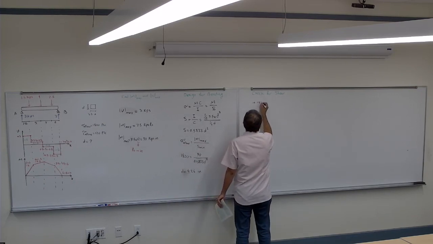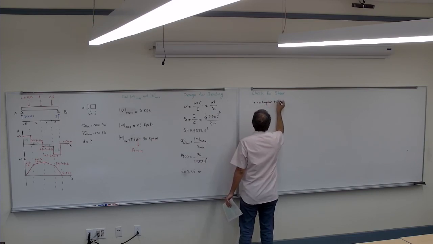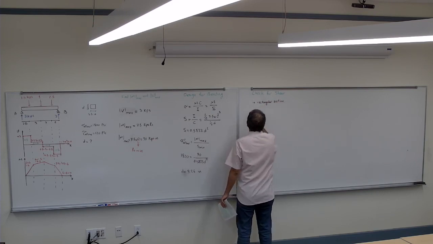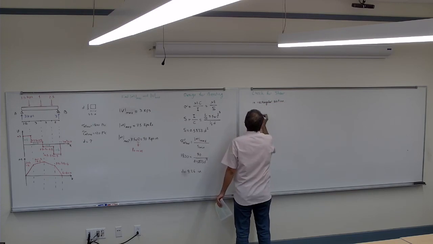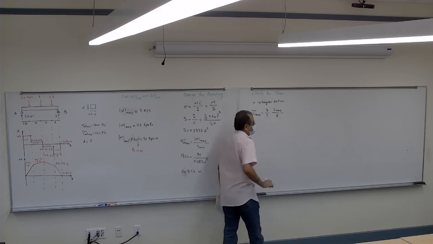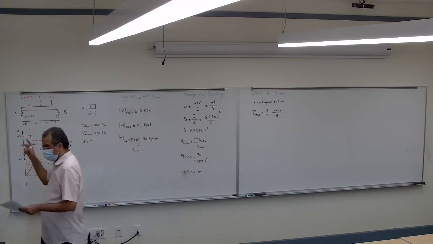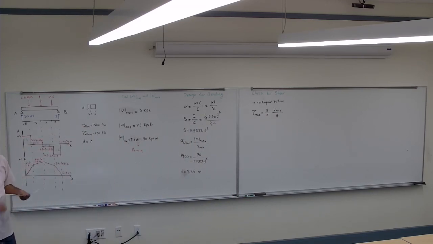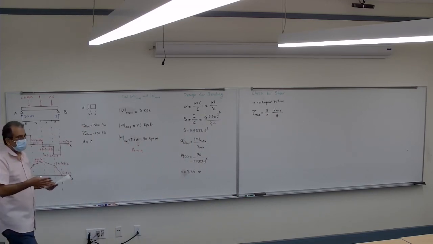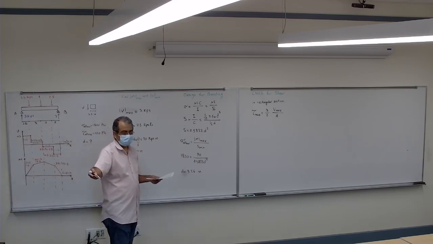In a rectangular section, we had that the tau max was 1.5 times the uniform shear stress. If I calculate the shear stress uniformly in the cross section, it's going to be 1.5 times of that.